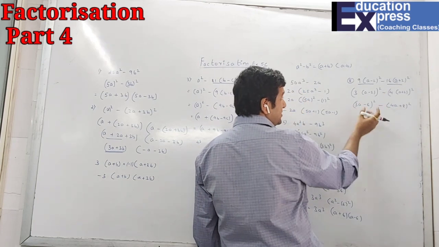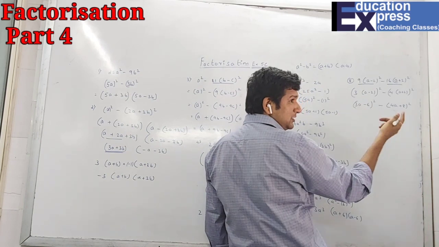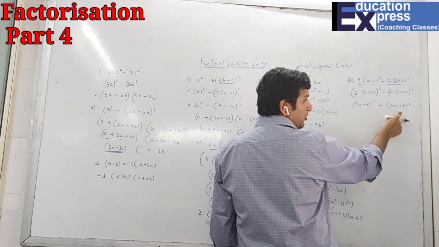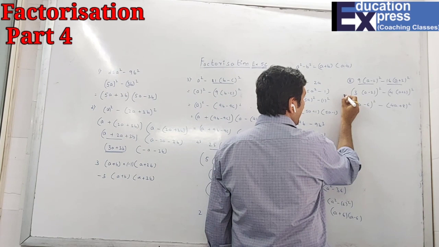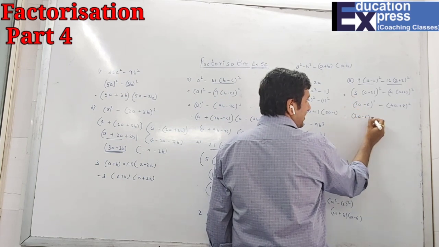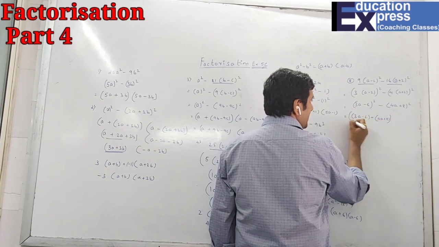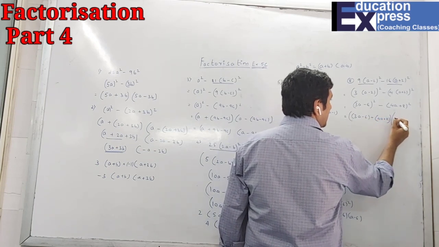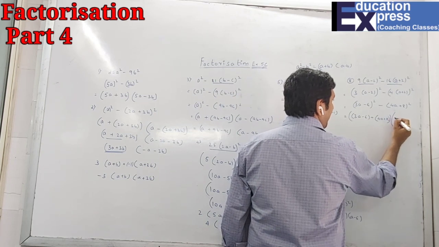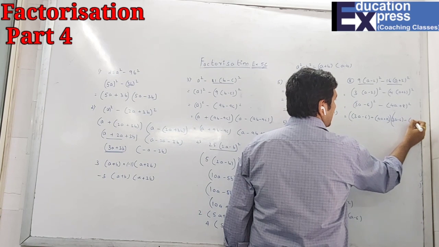Anything inside the brackets, students, is A. This is B. So here I have to put the brackets inside the bracket also because they are binomials. So that is (A + B), and the second bracket (A − B).